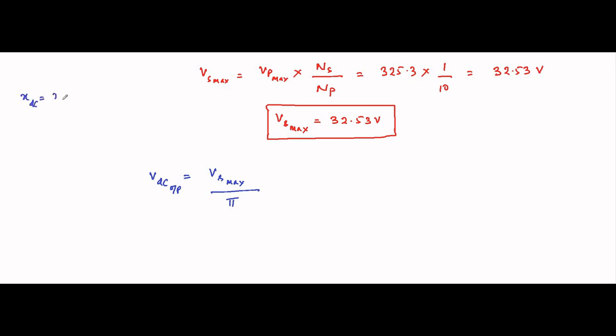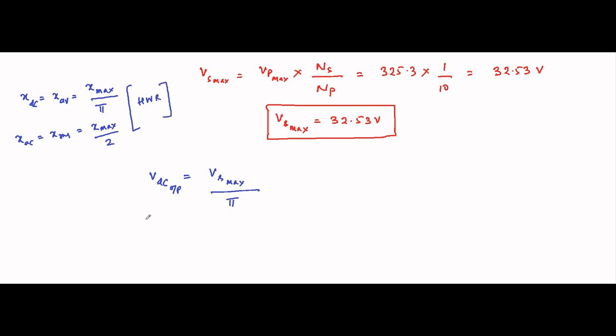DC value is also called the average value, given by Xm by pi, and the AC value, also called RMS value, is given by Xm by 2. This is for half-wave rectifier circuits.